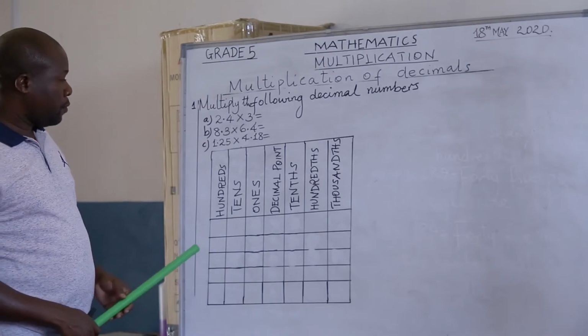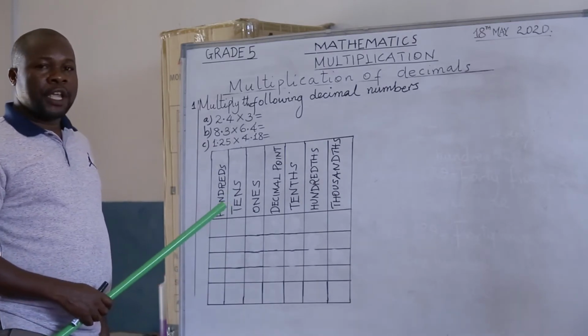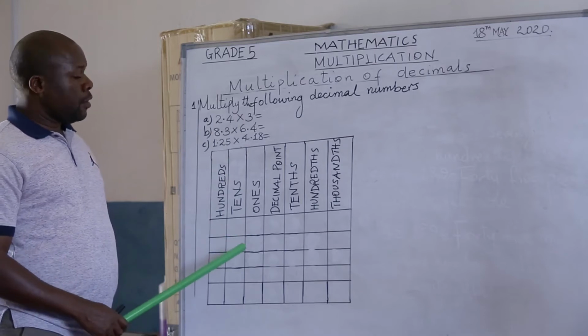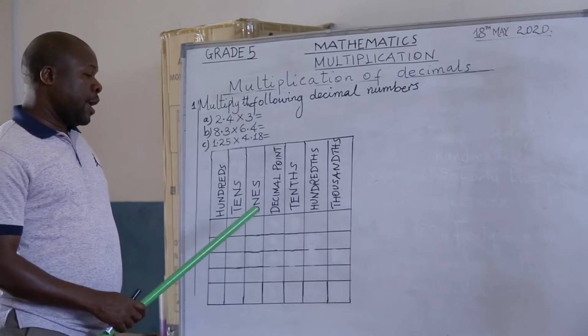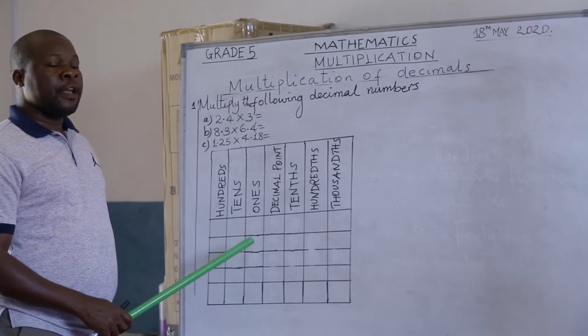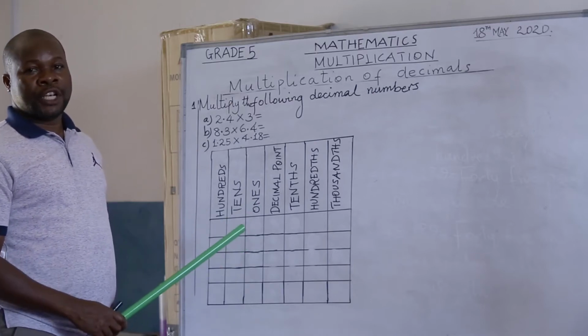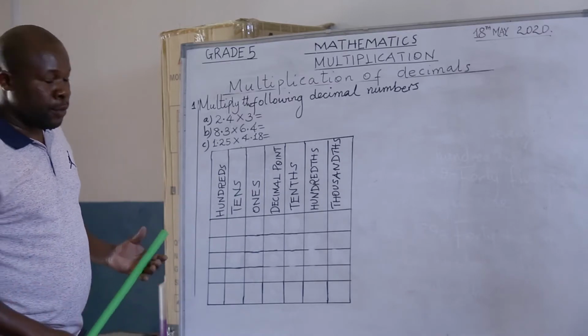Taking into account the place value of each digit, it will help us to identify the number of decimal places a question is having. Let us go.